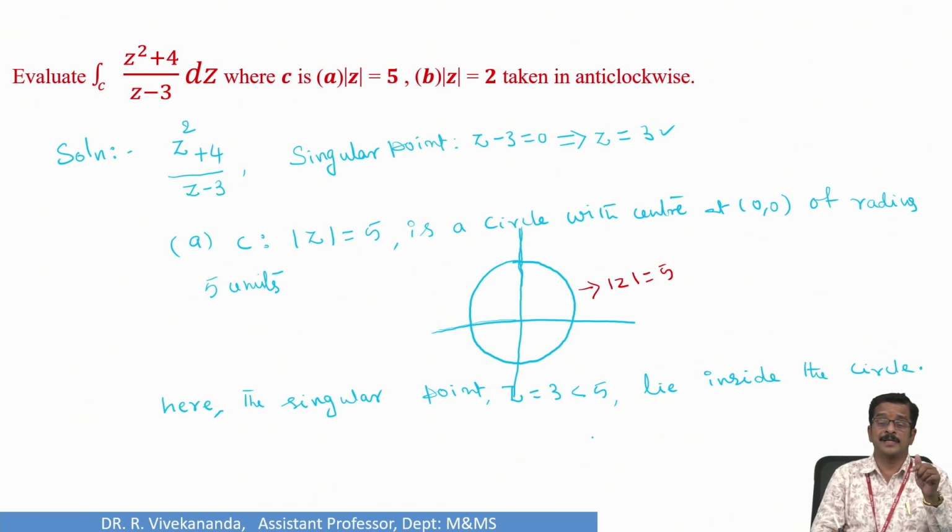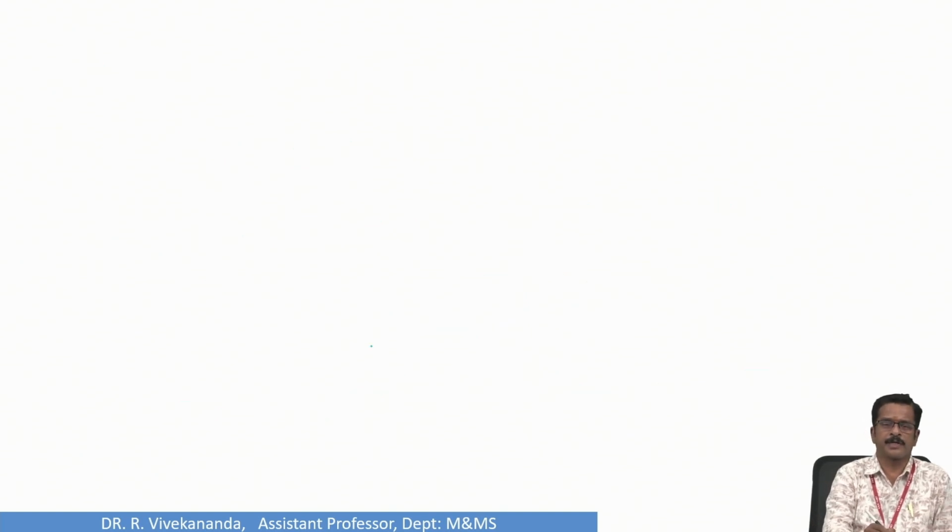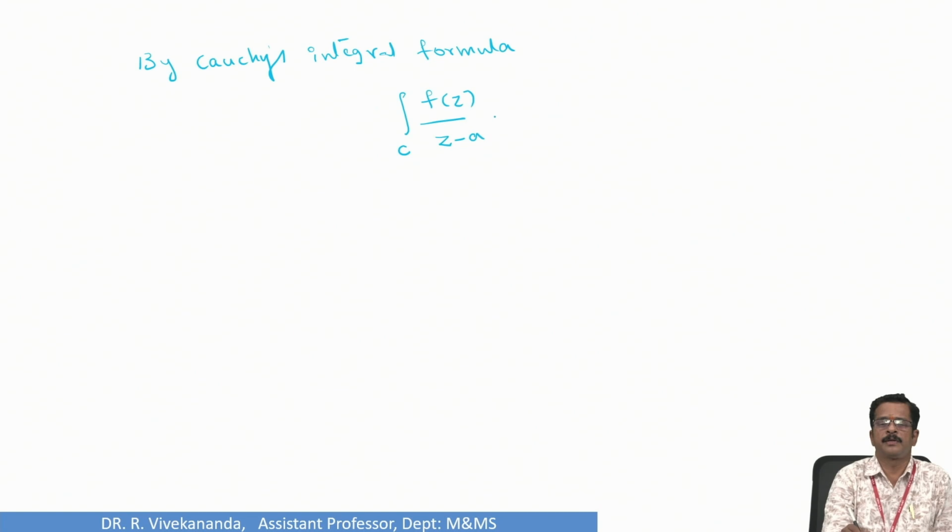If the singular point lies inside the region, then we need to approach Cauchy's integral formula. What does Cauchy's integral formula say? Integration over C of f of z by (z minus a) dz equals 2 pi i into f of a.